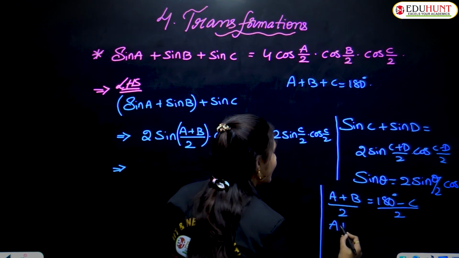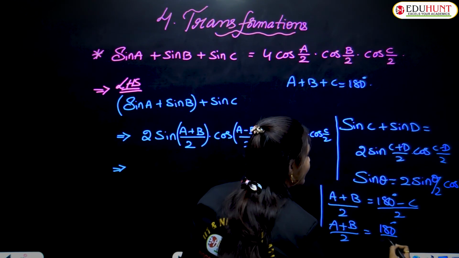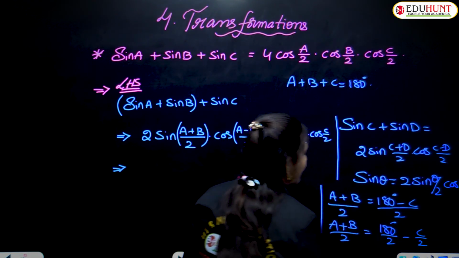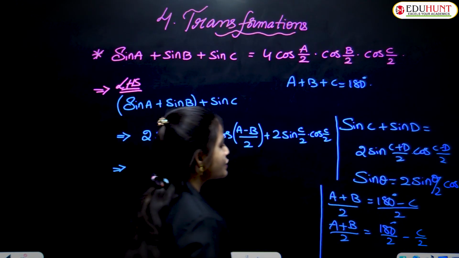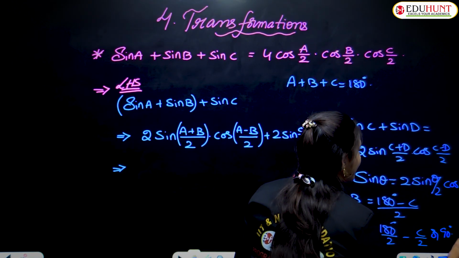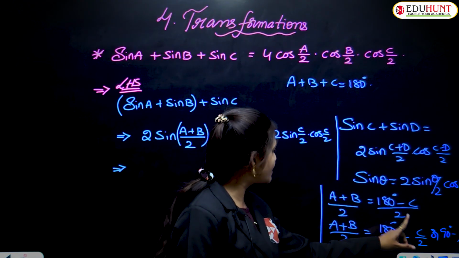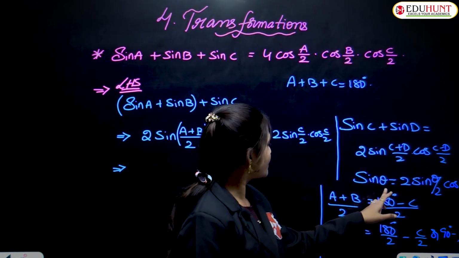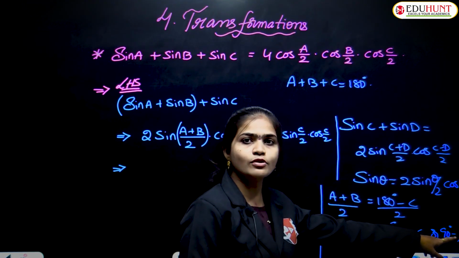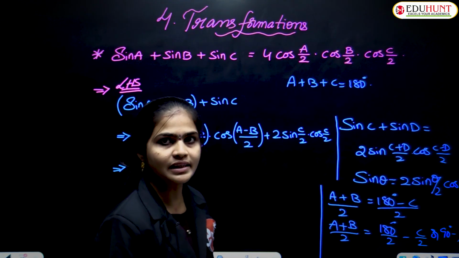So (A plus B) by 2 is equal to 180 degrees by 2 minus C by 2, which we can write as 90 degrees minus C by 2. Why? Because we divided both sides by 2, so 180 by 2 is equal to 90. Am I clear to you?